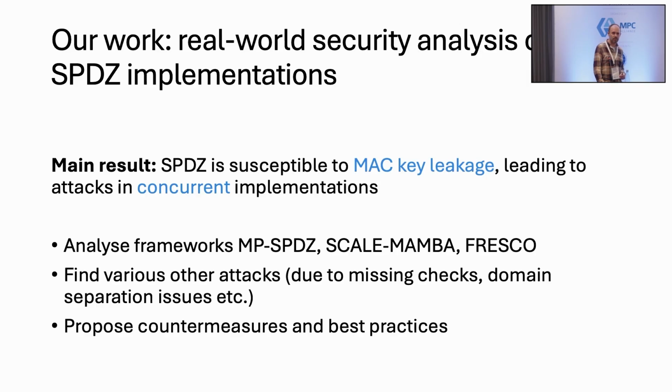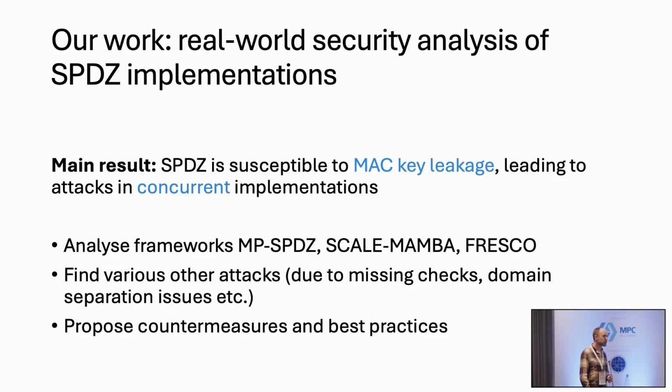The main focus of our work is studying the actual security of some MPC implementations that are out there and used today. We focused on the SPDZ protocol, which is an actively secure MPC protocol in the dishonest majority setting, and studied a few different frameworks. Our main result is a more theoretical observation that there's an aspect of the SPDZ protocol which is leaky in some sense.